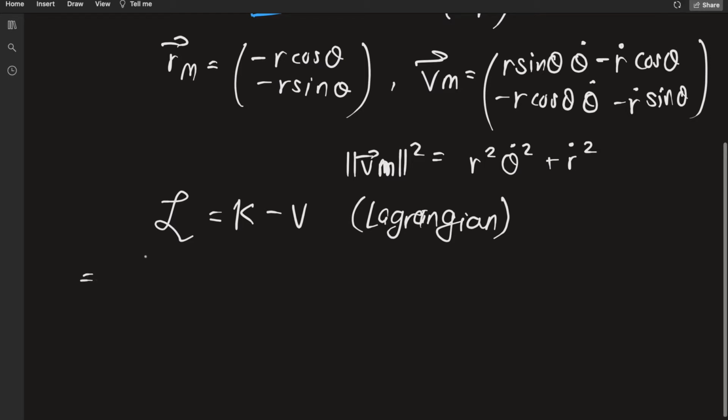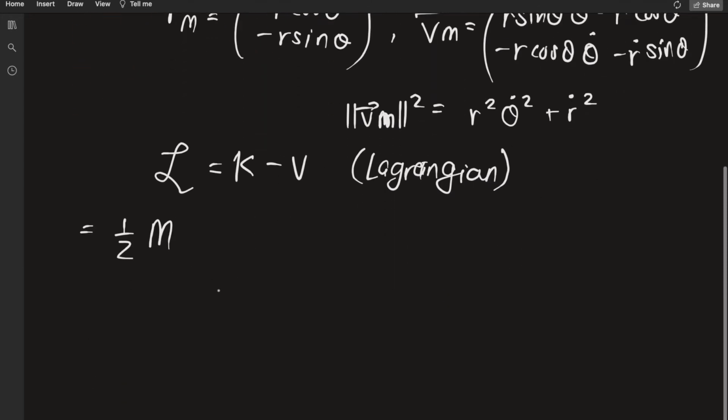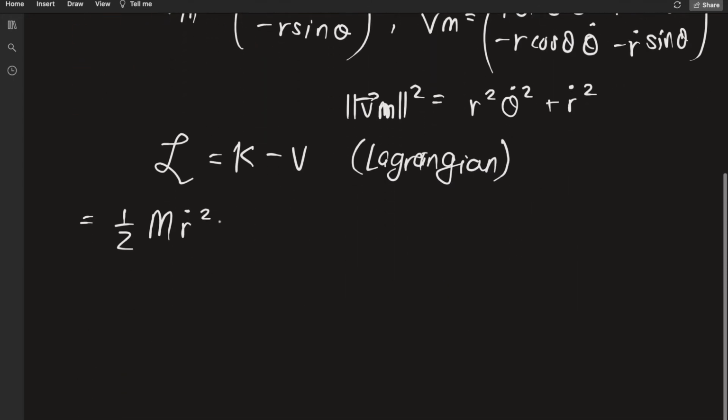So for the total kinetic energy, we have half M times the velocity of the big mass squared. We found that out, the magnitude squared was this, so we just plug that in. That's just the formula of the kinetic energy, plus the kinetic energy of the small mass, and we know the magnitude of velocity squared is r squared theta dot squared plus r dot squared.